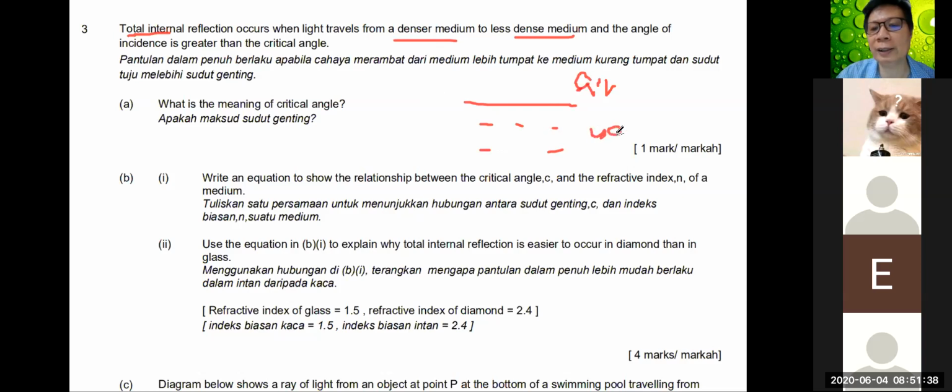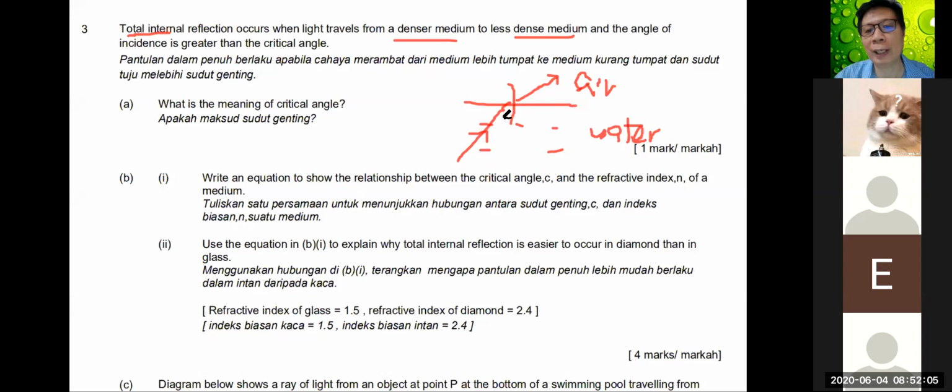Water is denser, correct or not? So water is denser than A. So when the light moves from denser to less dense, this is a normal line, right? So it will get refracted. Normally the light goes out, so the light will go this way, correct or not? Like that.